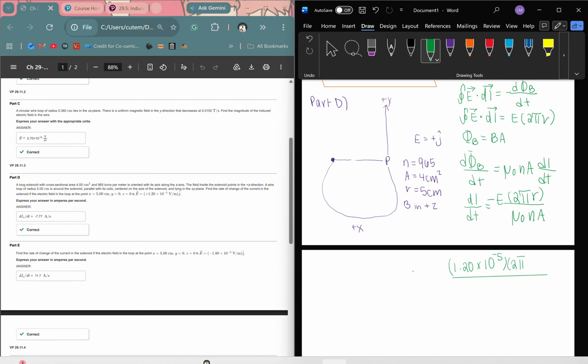2π times 0.0500, and then μ0 is 4π times 10 to the negative 7 Weber per ampere meter, and the 165 turns, and A is the area, which we know is 4 centimeters squared, so 4.00 times 10 to the power of negative 4.